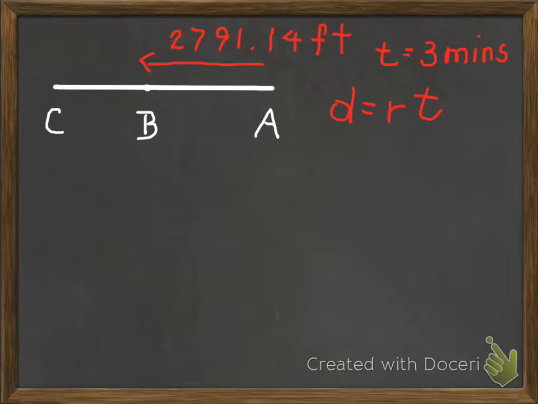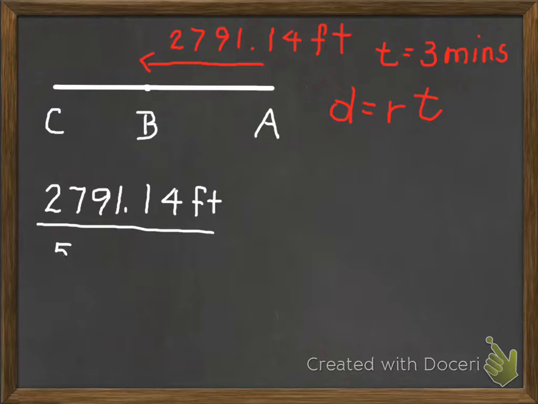So to do the conversion, hopefully you understand this way the easiest. We have this many feet out of a total of 5,280 feet in 1 mile.